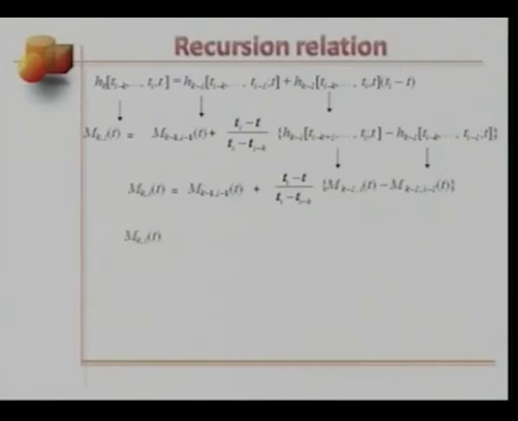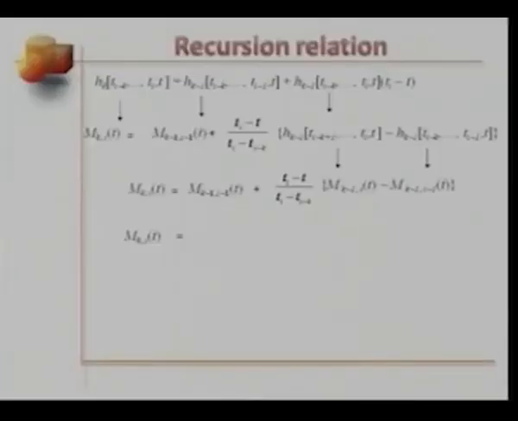So this is how the final recursion relation looks like. m_{k,i}(t) equals (t minus t_{i-k}) over (t_i minus t_{i-k}) times m_{k-1,i-1}(t), plus (t_i minus t) over (t_i minus t_{i-k}) times m_{k-1,i}(t).